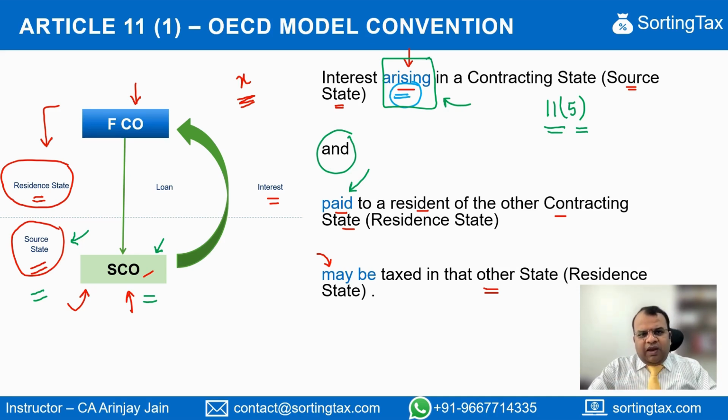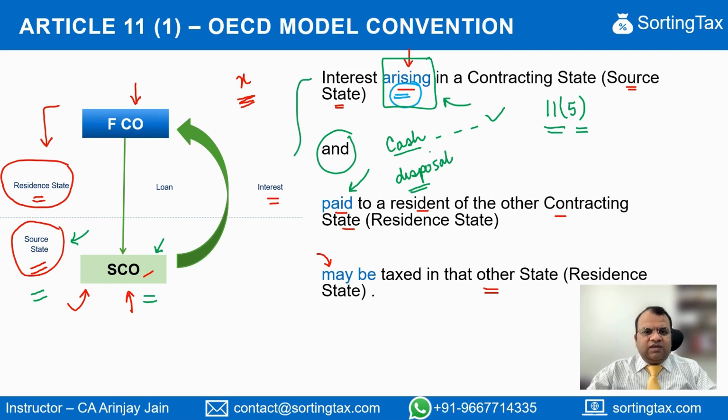So "paid", according to the OECD commentary, is a very, very wide term. What it means is that, obviously, if you pay through cash, check, online transfer, etc., everything is covered. But second, it also means that when the funds have actually been put at the disposal of the creditor, that also means that the payment has been done.